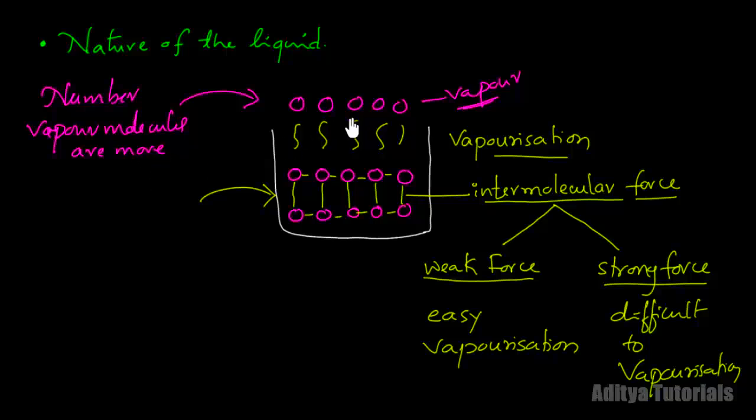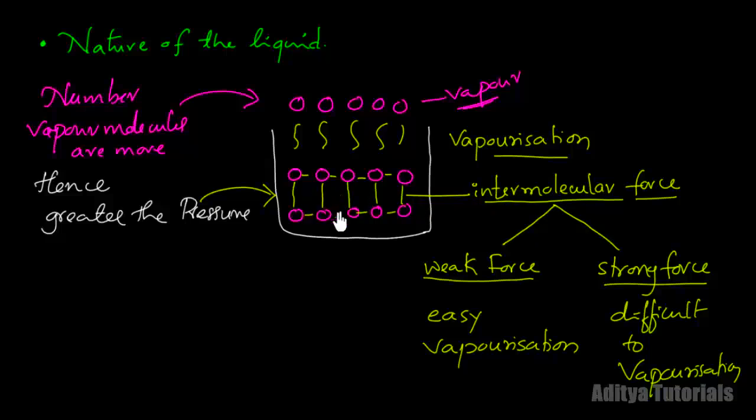If there is a greater number of vapor molecules, the pressure will be greater. So finally we can conclude that each liquid has a characteristic vapor pressure, because each liquid has characteristic intermolecular forces.